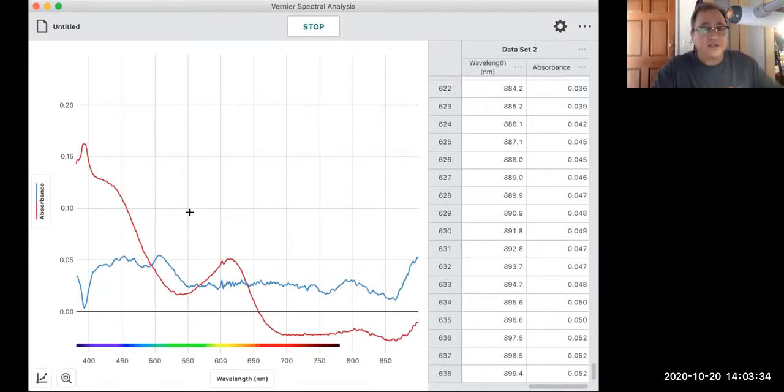Well, if we take a look at this graph here, you can redraw this in your lab notebook, especially this red one. It turns out really well, and match up these little humps here with the different lines. And what would our explanation be for why the solution looks green? Blue and yellow make green isn't the answer. So I'm going to let you ponder that.